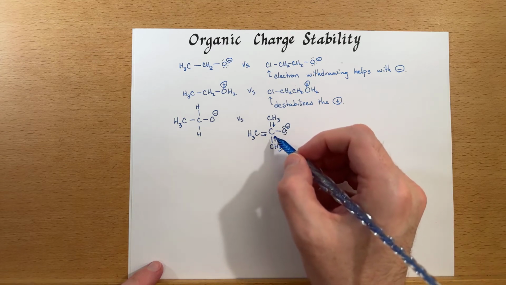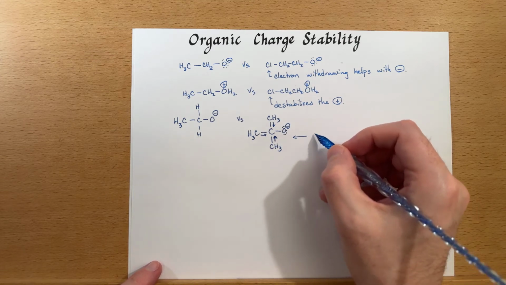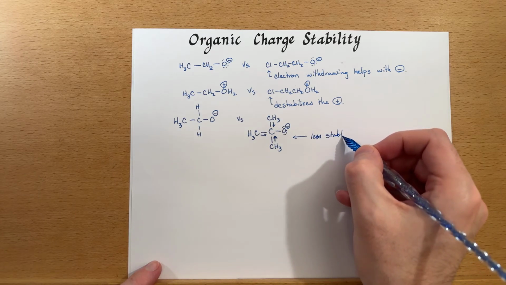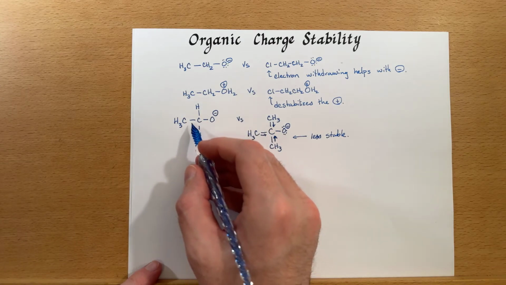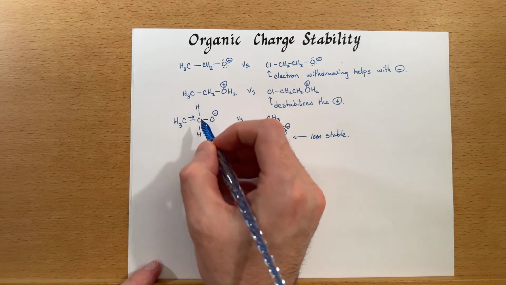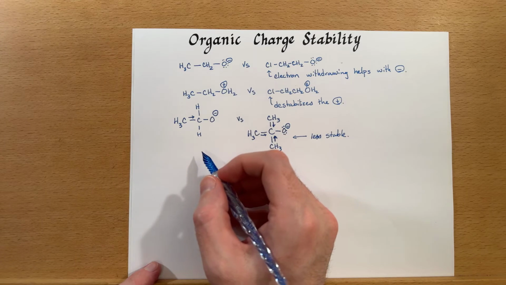So this particular species will be less stable than the comparative with less electron donating groups. Here we only have one. Hydrogens don't really do much electron donating.